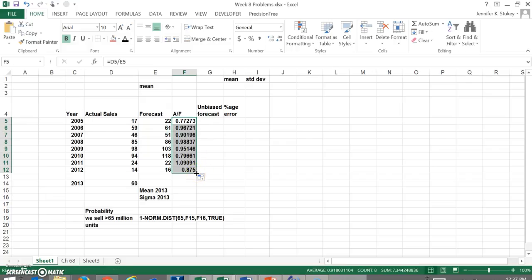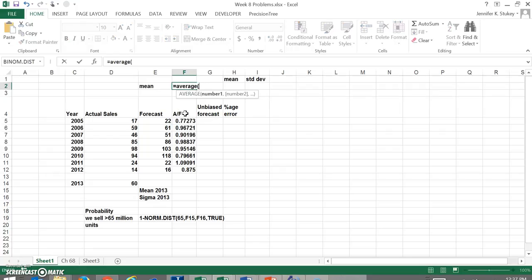The next thing we're going to do is calculate our mean. Our mean is calculated off of this column right here, which is the actual sales divided by forecasted sales. To calculate the mean, we do equals average and grab that whole column. We get a mean of 0.918.